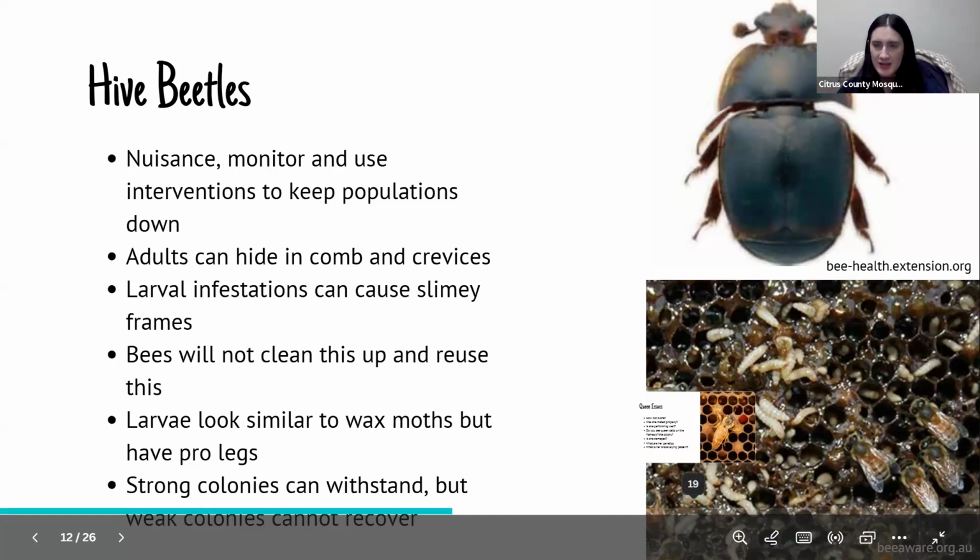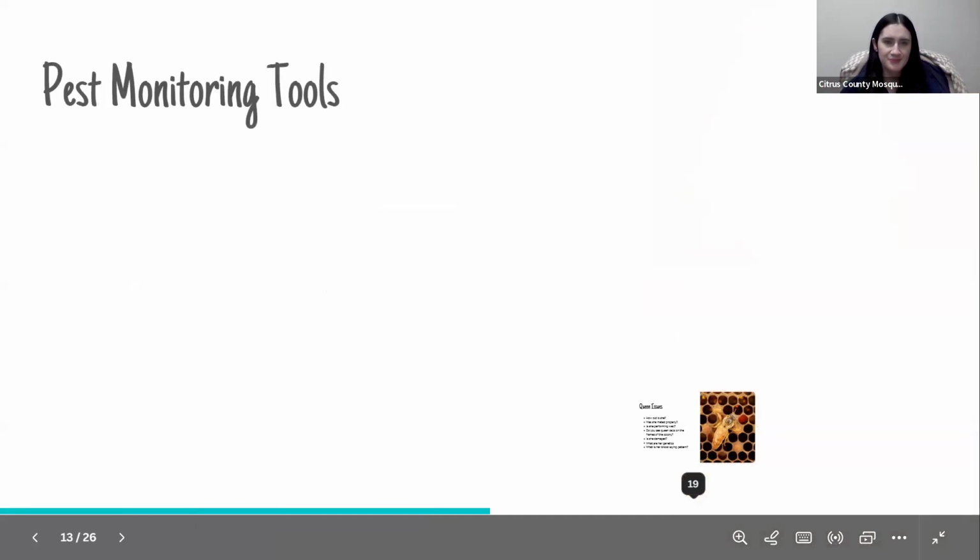And that is really the key to all of these issues that we're going to be talking about today: if you have a strong queen, if you have a strong hive, you've got lots of bees, they're collecting lots of resources, you're going to have fewer problems with pests and diseases. It's when these things break them down and they're not doing so well, either from nutrition or other things, and then these other pests come in, that's when they can really have an effect.